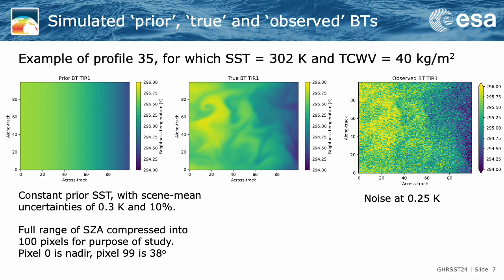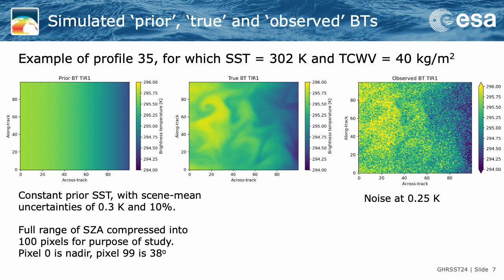We see that with a constant prior SST for the scene, which is uncertain to the level of a third of a Kelvin, and also with constant atmospheric water vapor content, which has a prior error of about 10%, we get the smooth variation of brightness temperature across the track, corresponding to the imposition of the varying satellite zenith angle across the track.